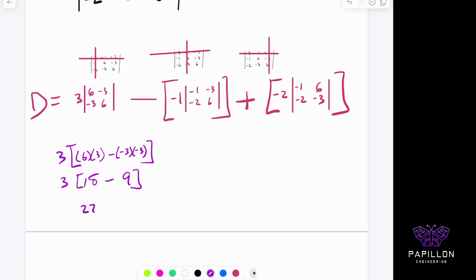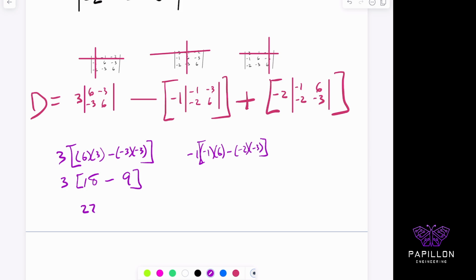And then the next one you do the same, so we're going to be left with negative 1 times minus 1 times 6 minus negative 2 times minus 3.